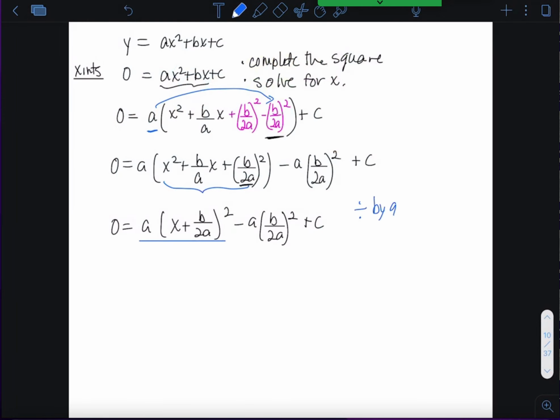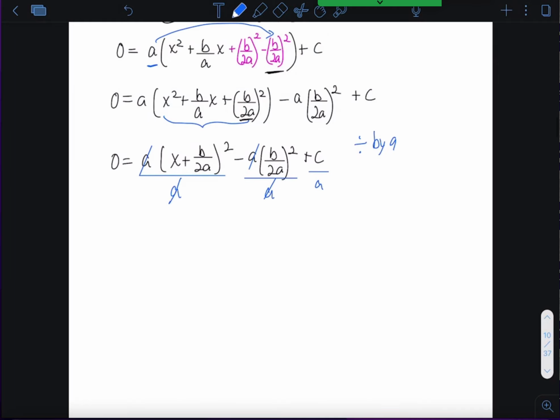So I'm going to divide this term by a, I'm going to divide this term by a, and I have to divide the last term by a as well. Okay, so we can get rid of the a terms in those first two terms. x plus b over 2a squared minus b squared over 4a squared, okay, plus c over a.